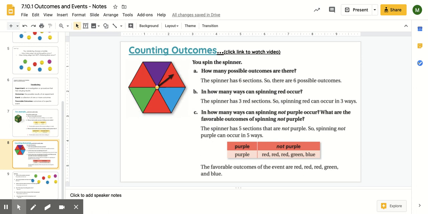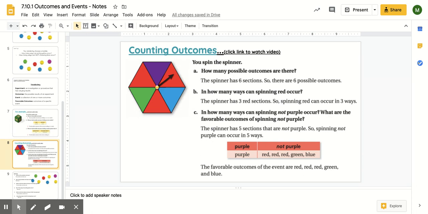It asks us, how many ways can spinning not purple occur? Well, there are 5 sections that are not purple, meaning that there are 5 ways that spinning not purple can occur.